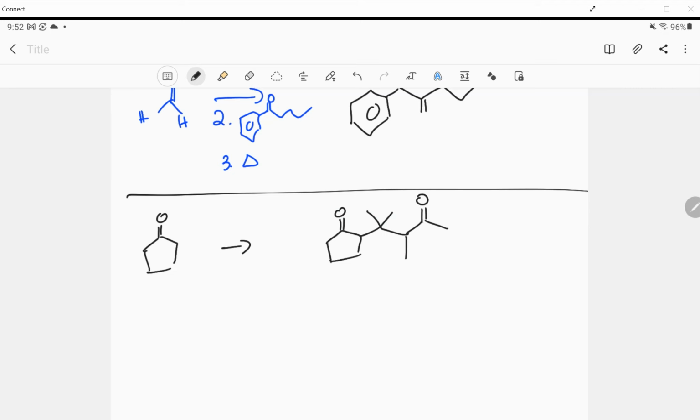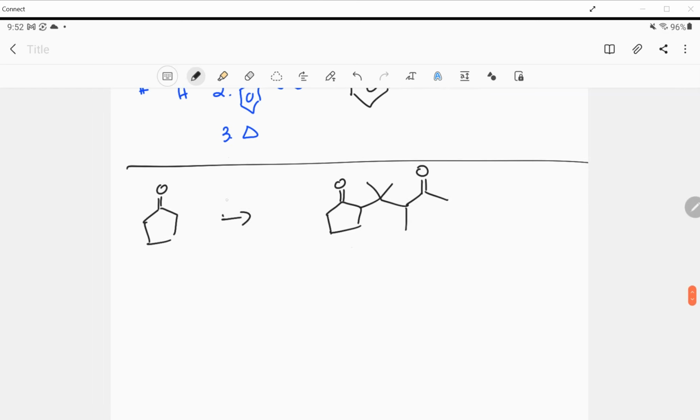All right, make me this thing, using any reagents you like. Let's figure out how to do it. Hopefully we can see what's the same and what's different between the starting material and the product.